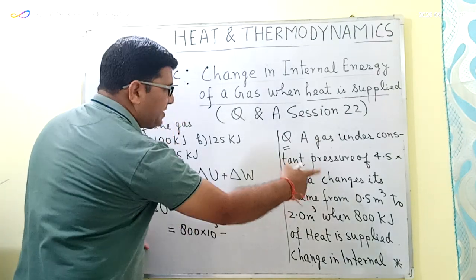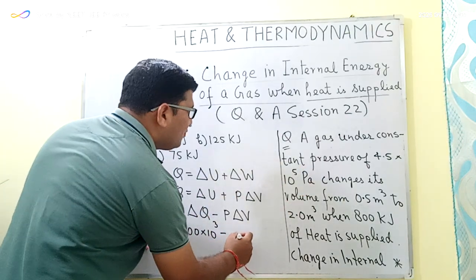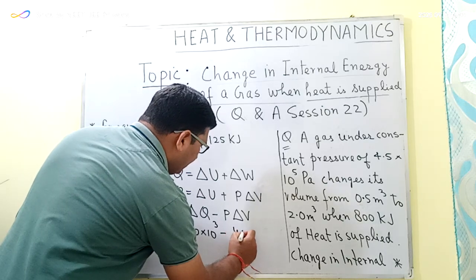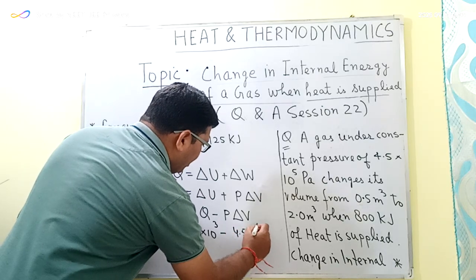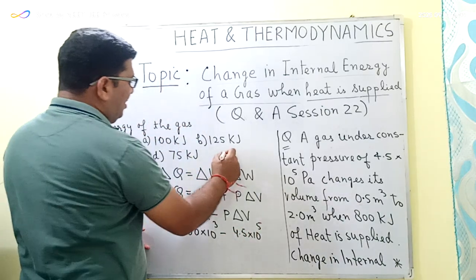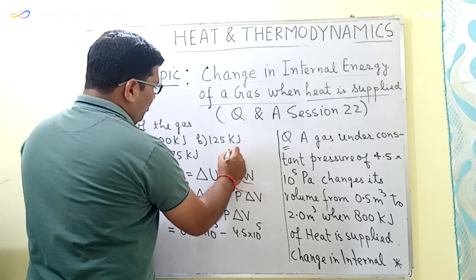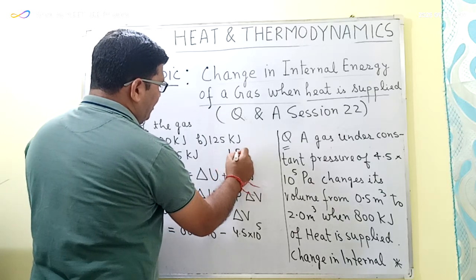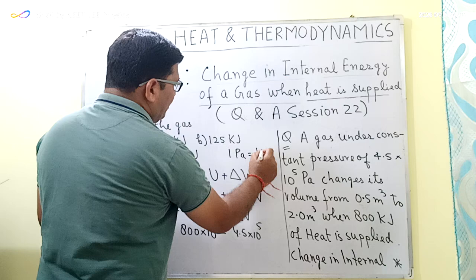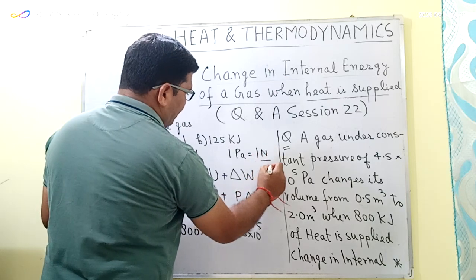Now the pressure is given in Pascal, that is 4.5 into 10 to the power 5. We know that 1 Pascal is equal to 1 Newton per meter square.